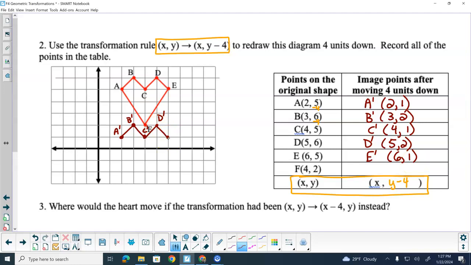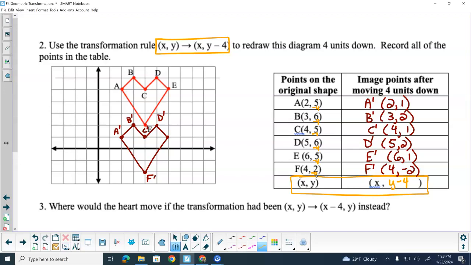F prime is going to be at the point 4, comma negative 2. Okay? Because all we'd have to do then is we can just go through and we can subtract 4 from all of our y values, because that's what our rule said.